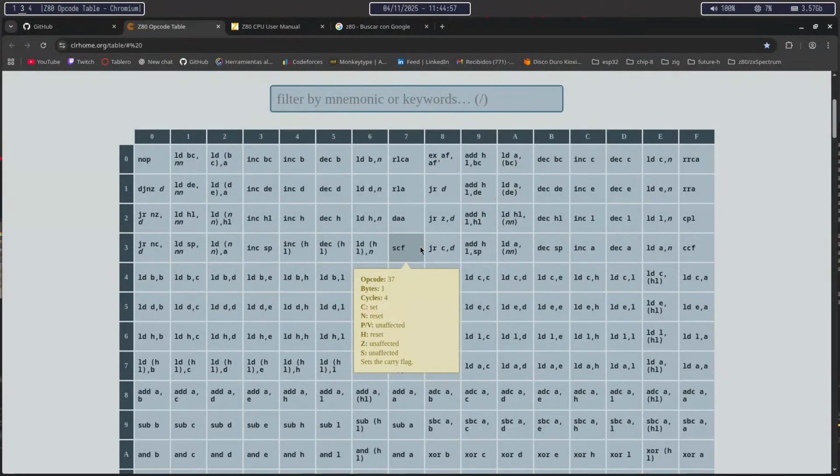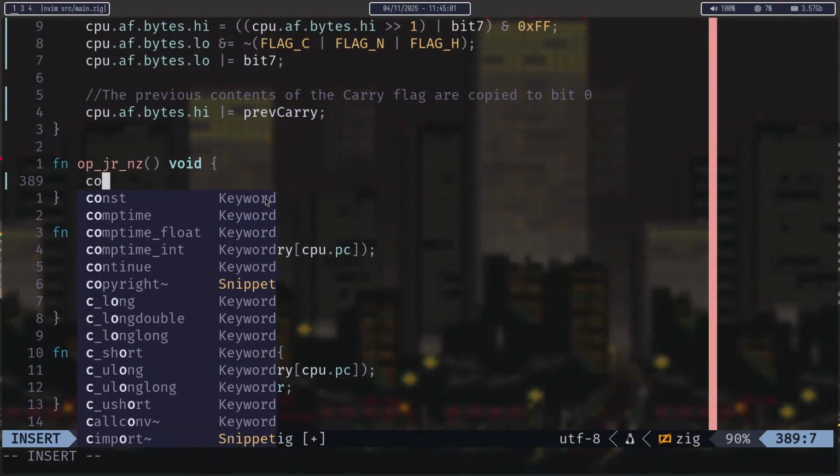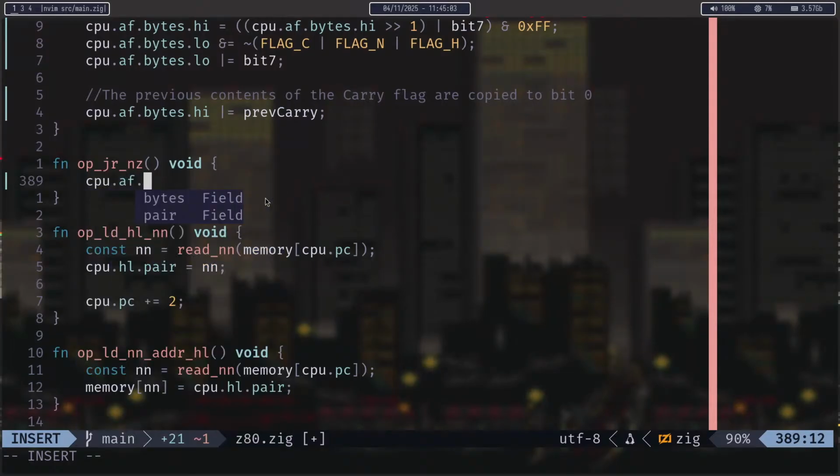Okay, so I have to check if the carry flag, sorry, the serial flag is set. This is at the cpu.af.pair.load. That's right.